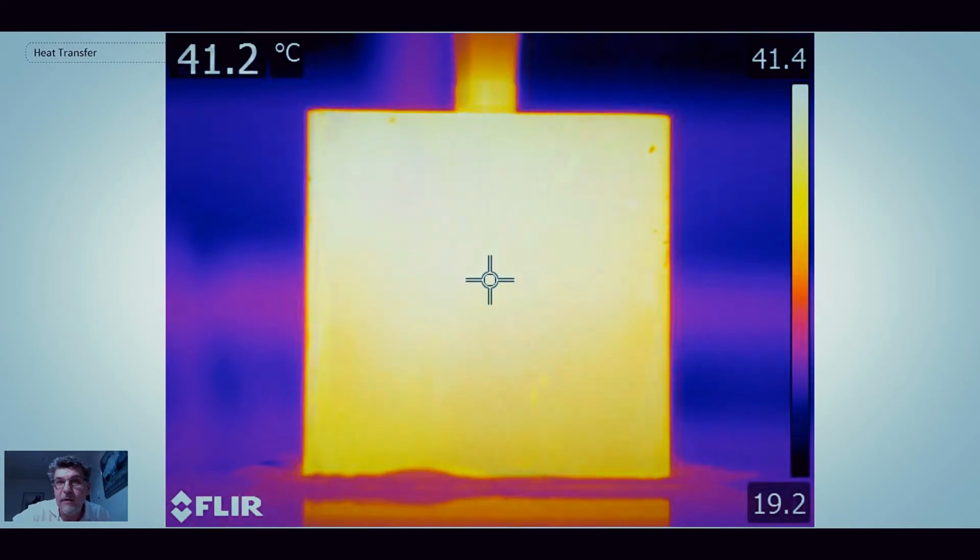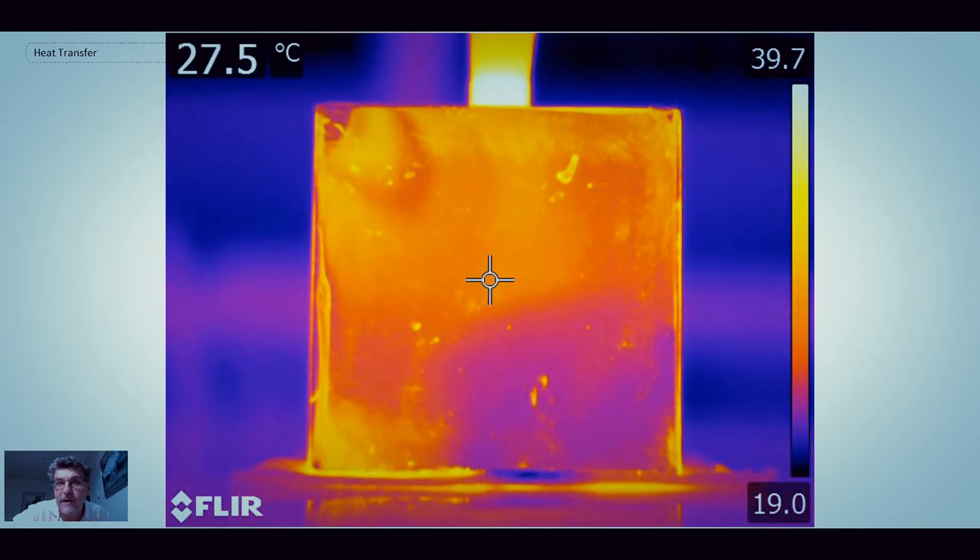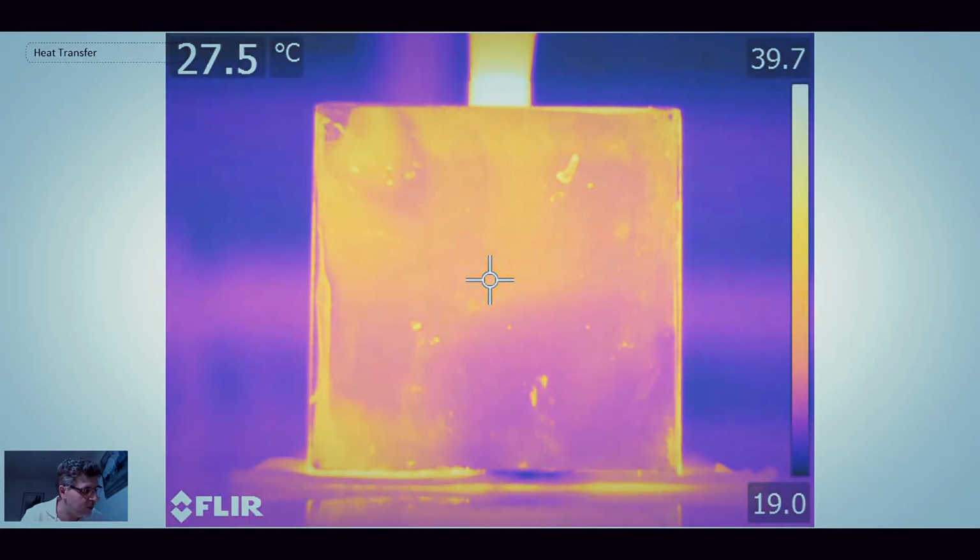But then when we went to the polished copper finish, it was 27.5 degrees C, very different from the 41 degrees C that the water inside of the Leslie's cube was at. And what is going on there is the fact that polished copper has a much different emissivity from the painted surfaces. So let me write out what the emissivities are for the different surface finishes that we just looked at.